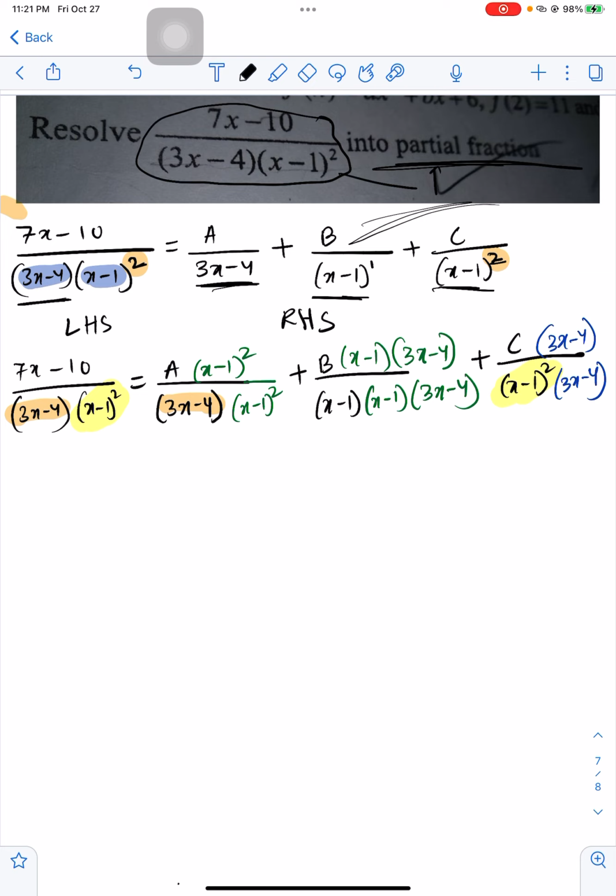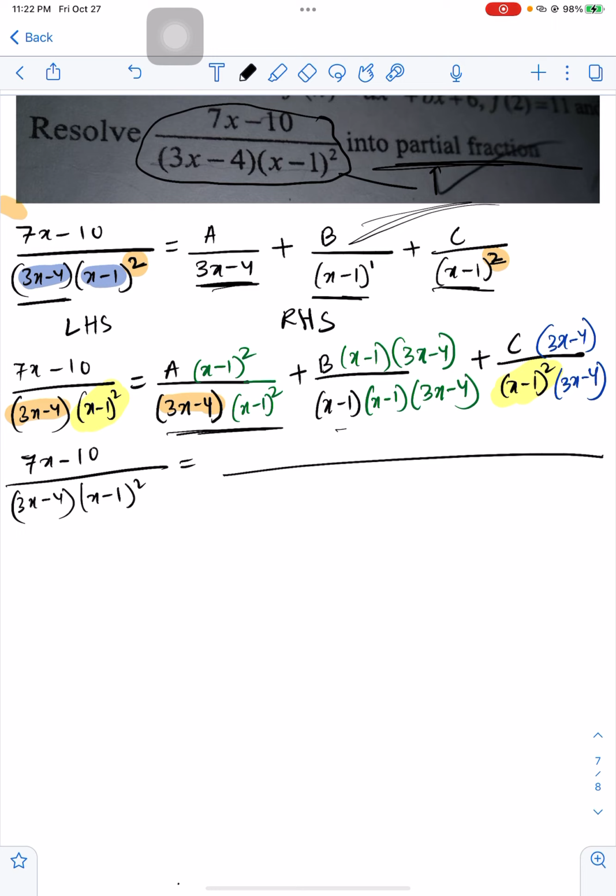Now on your right hand side you already have (7x minus 10) over (3x minus 4)(x minus 1) whole square. Now on your left hand side it seems like all the denominators are the same, so you can take the common denominator and operate the numerators together.